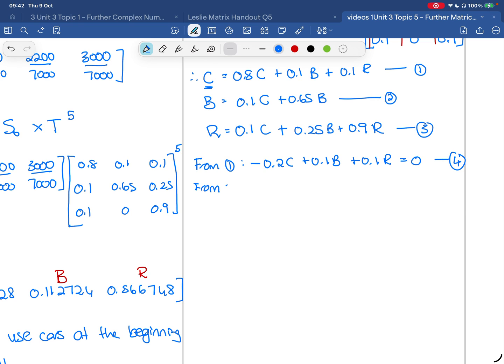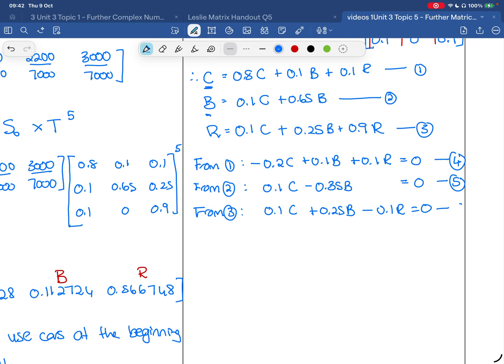And then from equation 2, now I need to take this B across, so I'm going to have 0.1C, notice I'm lining them up, minus 0.35B is equal to 0. And then from 3, I'm going to have 0.1C plus 0.25B minus 0.1R is equal to 0. Now, we can put plus 0R there just so that we make sure we line things up when we are using our graphics calculator.